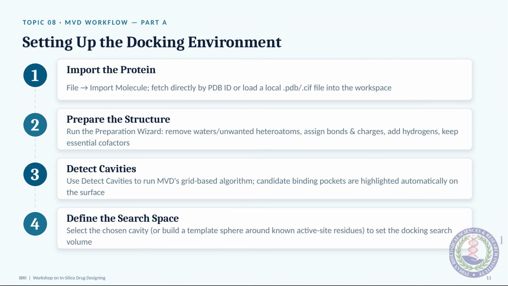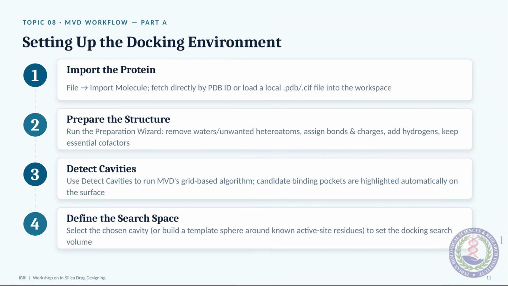Let's set up the docking environment in MVD in 4 steps. First, import the protein. Use file, import molecule, and either fetch directly by PDB ID or load a local .pdb or .cif file. Second, prepare the structure using the preparation wizard. Remove waters and unwanted heteroatoms, assign bonds and charges, add hydrogens, and keep essential cofactors.